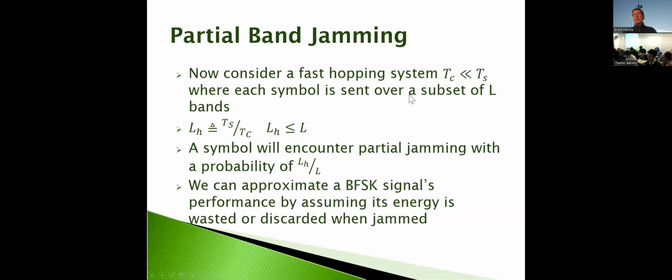Now let's consider a fast hopping system, where the chip period is much less than the symbol period, so the chipping rate is much faster than the symbol rate. Now each symbol is sent over some subset of the L bands. If we have the spreading factor L, that represents how many different bands we can hop to.